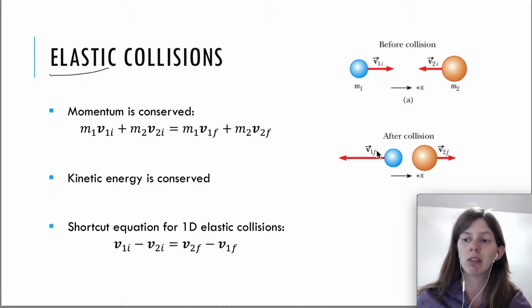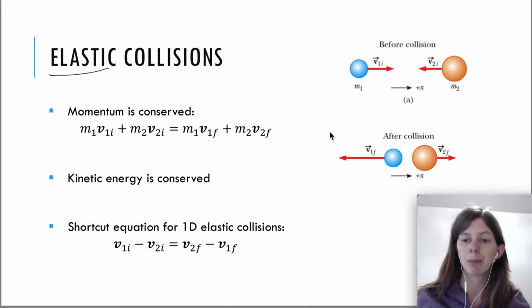But this is just an ideal type of collision where we assume that kinetic energy is conserved. So for the types of collisions that will be elastic, either the problem has to tell you that it's elastic, or if it's billiards or pool, then you can assume elastic collisions because there's such a little amount of energy that is lost.